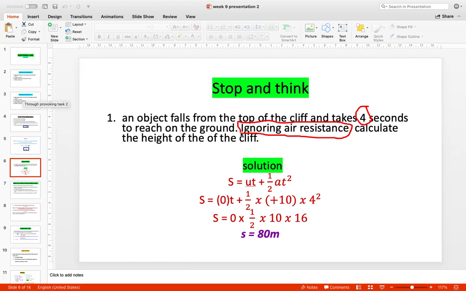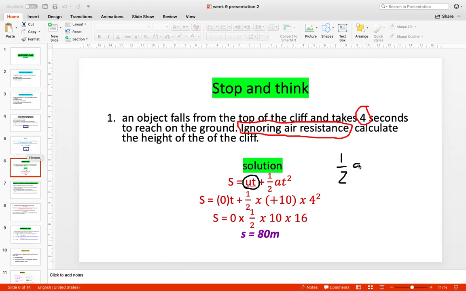So we're told to calculate the height. How far was it for this object? So remember, we said that because the initial velocity is 0, this part, if we so wish, we can just ignore, so that we say half.